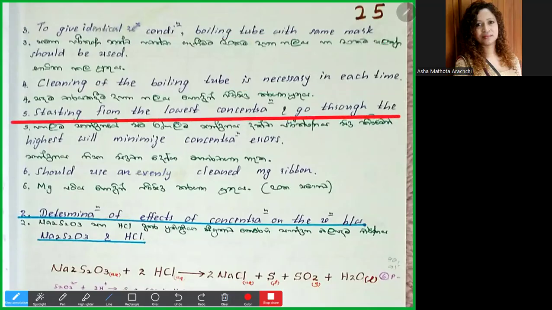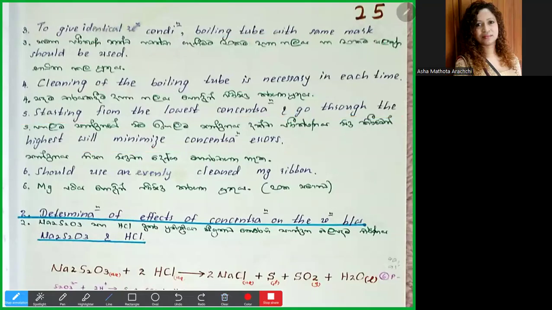Number five. Starting from the lowest concentration and going through to the highest will minimize concentration errors.